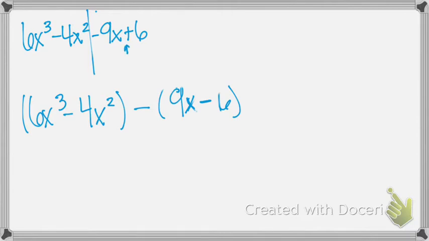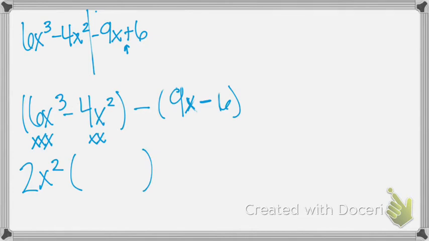Okay? So now we're factoring out the greatest common factor. We have 3 x's and we have 2 x's. Now, what number goes into 6 and 4? 2. And I have how many x's in common? 2.